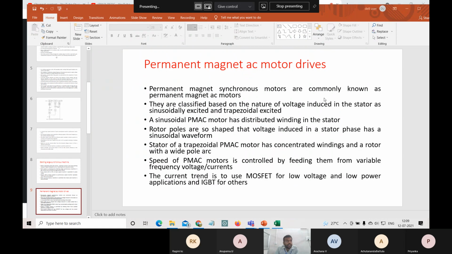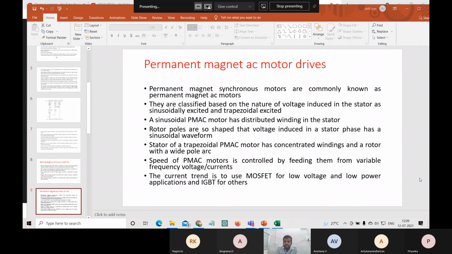There are different inverter or converter circuits for a PMAC motor. The current trend is to use MOSFET. The MOSFET is for low voltage and low power applications.